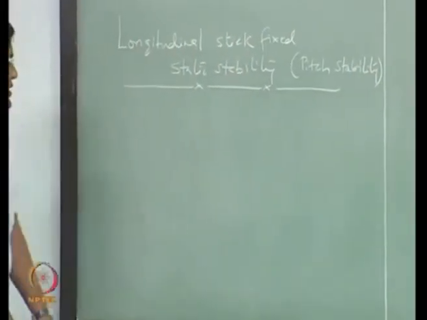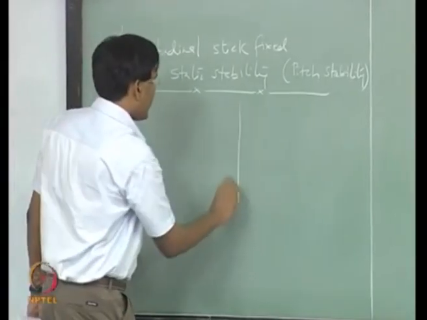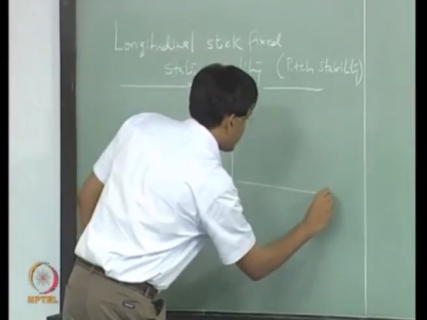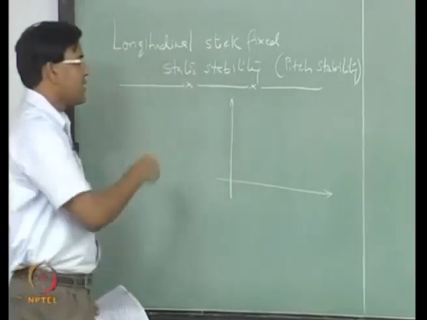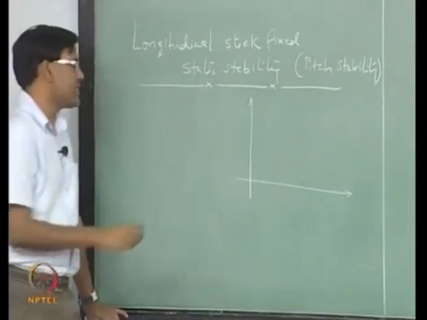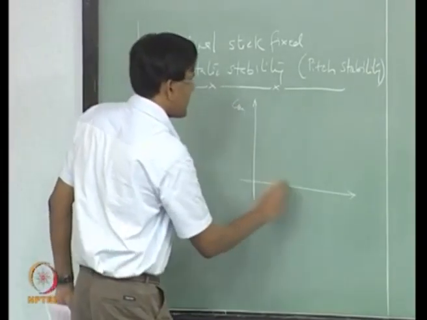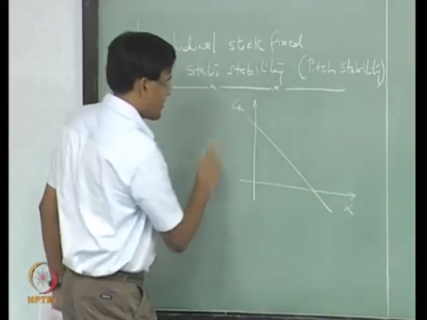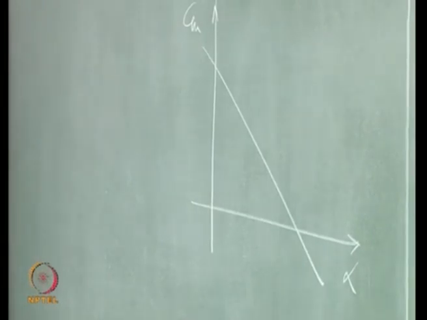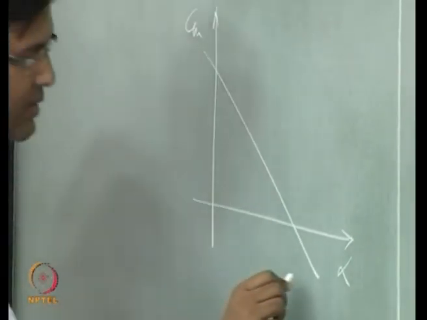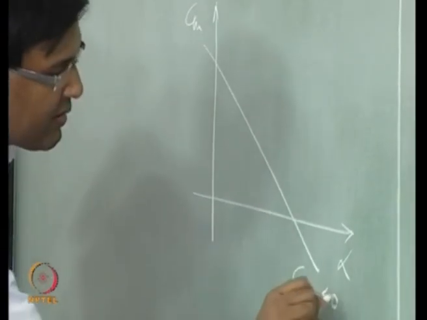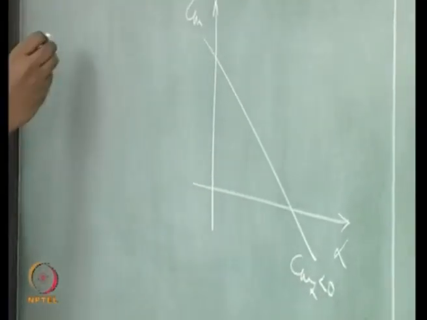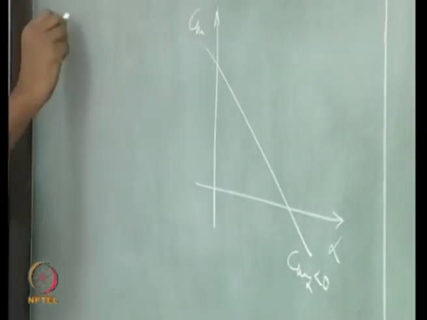If you remember, we said an aircraft to be statically stable in pitch has to have a Cm versus alpha curve which has a negative slope. So, this was the criterion for pitch stability.